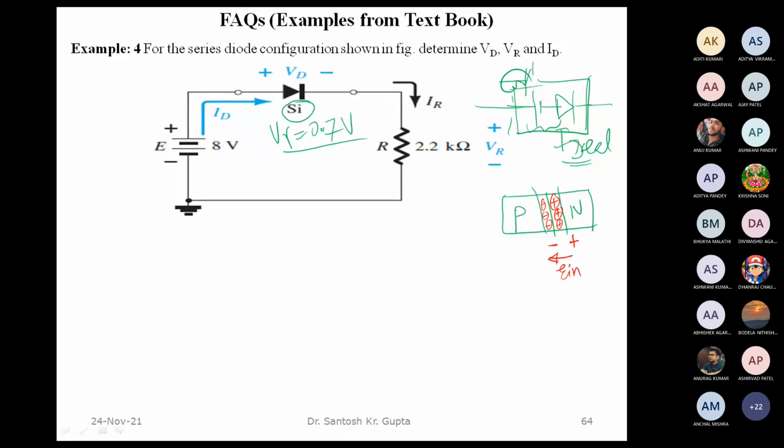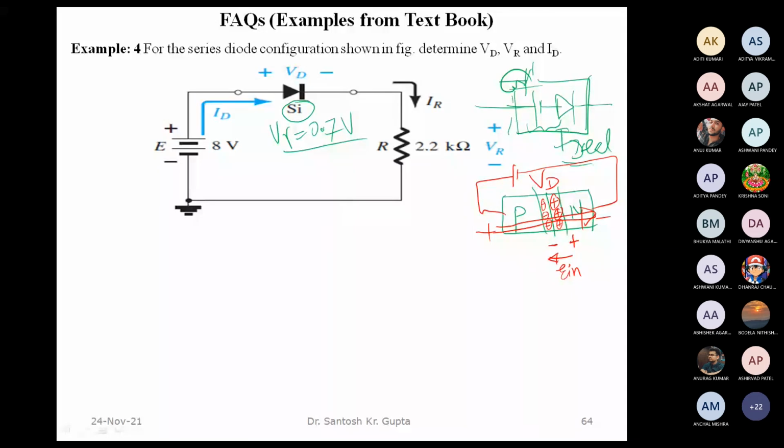We apply an external potential source VD to make it forward bias, which externally applies a potential across this. The external electric field is in this direction, from the positive battery side to the negative battery side.